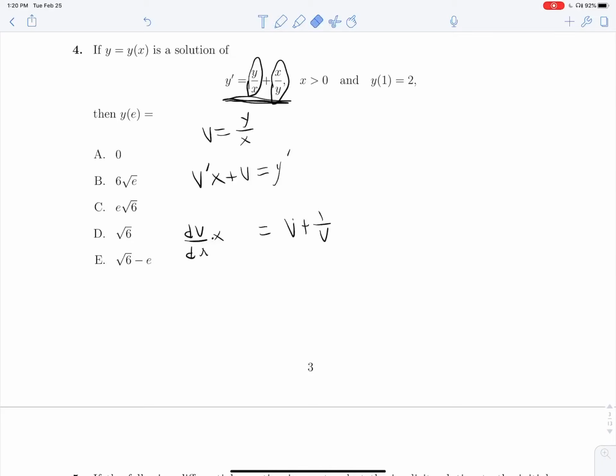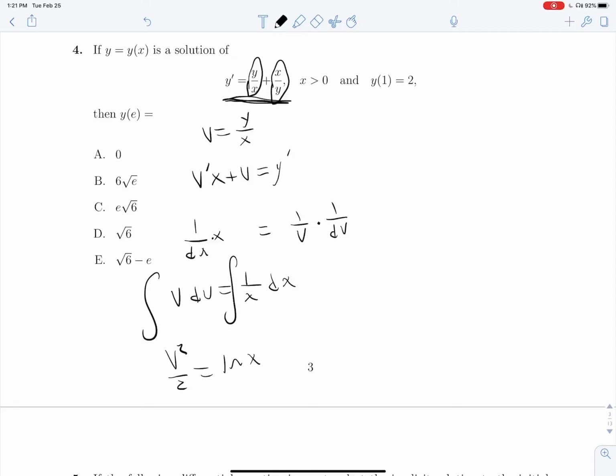Subtract a v from both sides and divide our dv out. Flip both sides, and we're left with v dv is equal to 1 over x dx. Integrate: v squared over 2 equals ln x plus c.